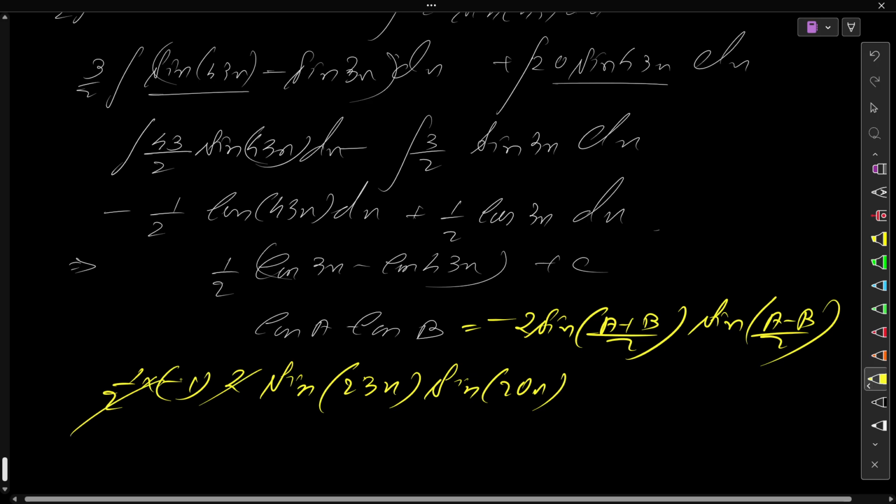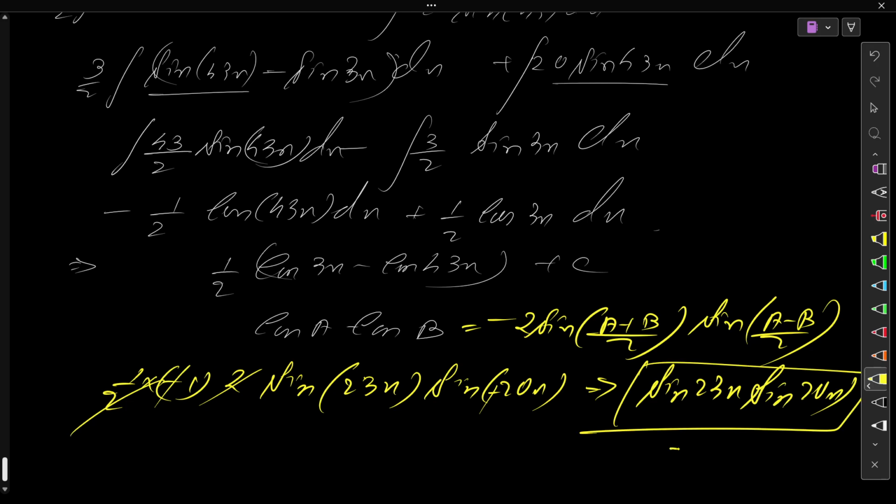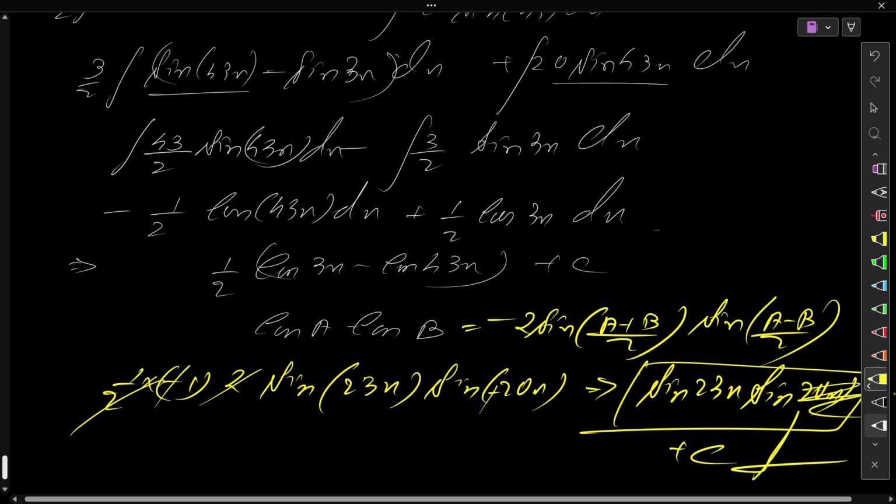So this and this will get cancelled, and the minus will also get cancelled since there was a minus there. So this will become sine of 23x sine of 20x plus c. So here's the answer.